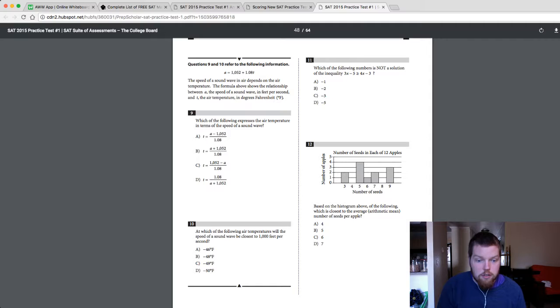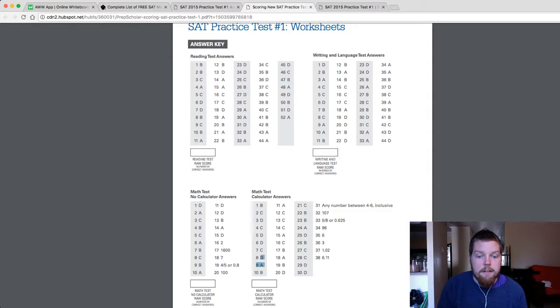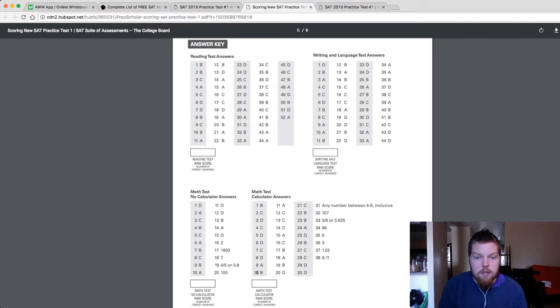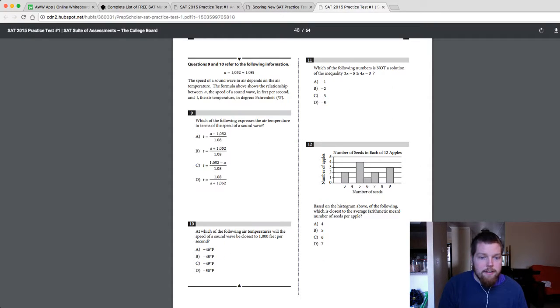And is that a choice? It is for B, negative 48, and 10B. So if you weren't that confident that number 9 you got it correct and that you knew that this was the correct equation, then you definitely could just go through and plug in these answers and see which one got you closest to 1,000.